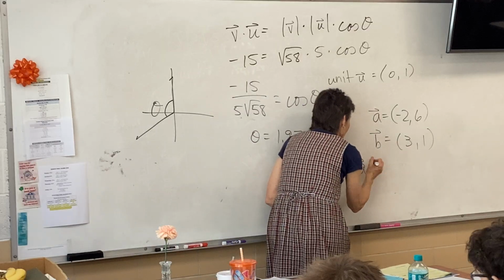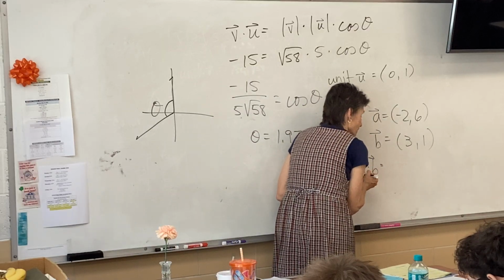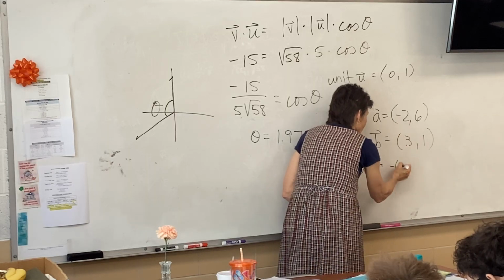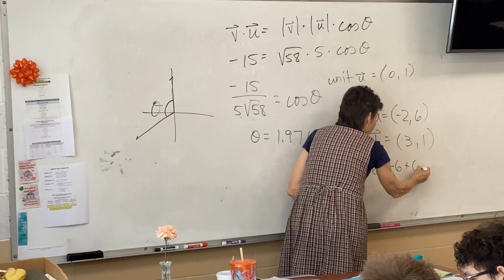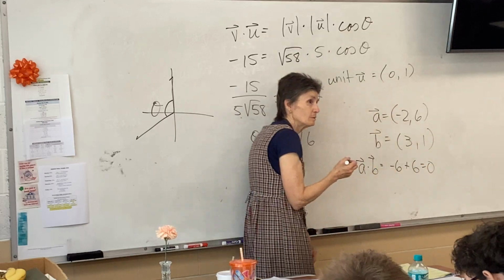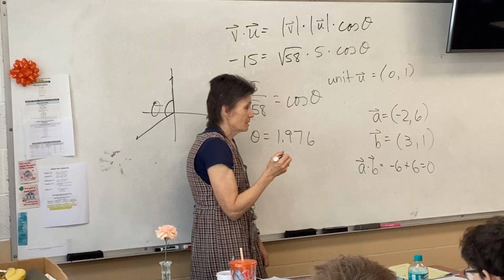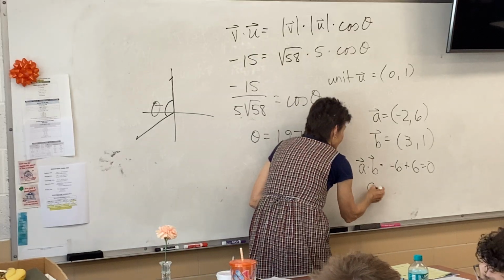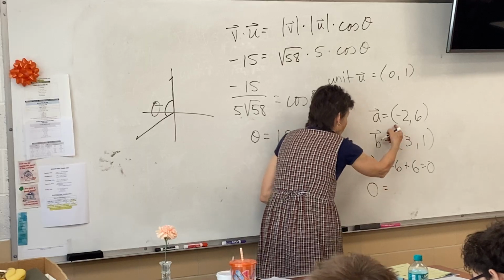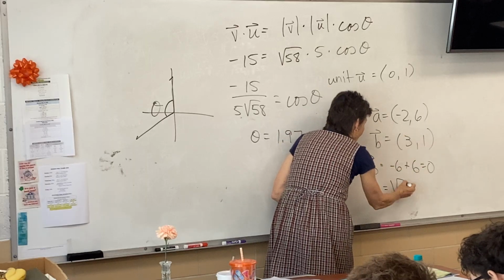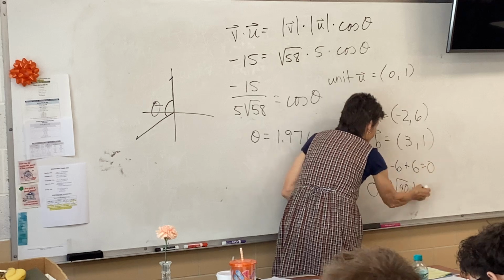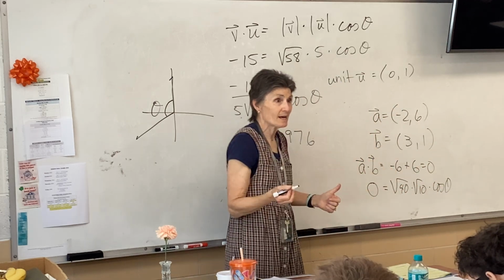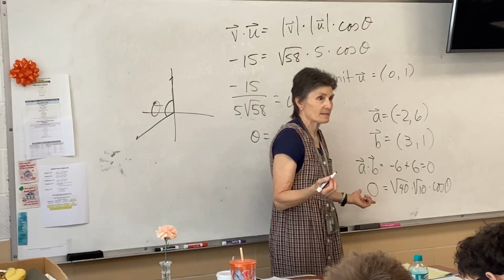Well, what's the dot product of these two? 0. X times X, Y times Y, add them up, 0. Now remember, using that formula, 0 equals the magnitude of that times the magnitude of that times cosine theta, which basically says cosine theta is 0.